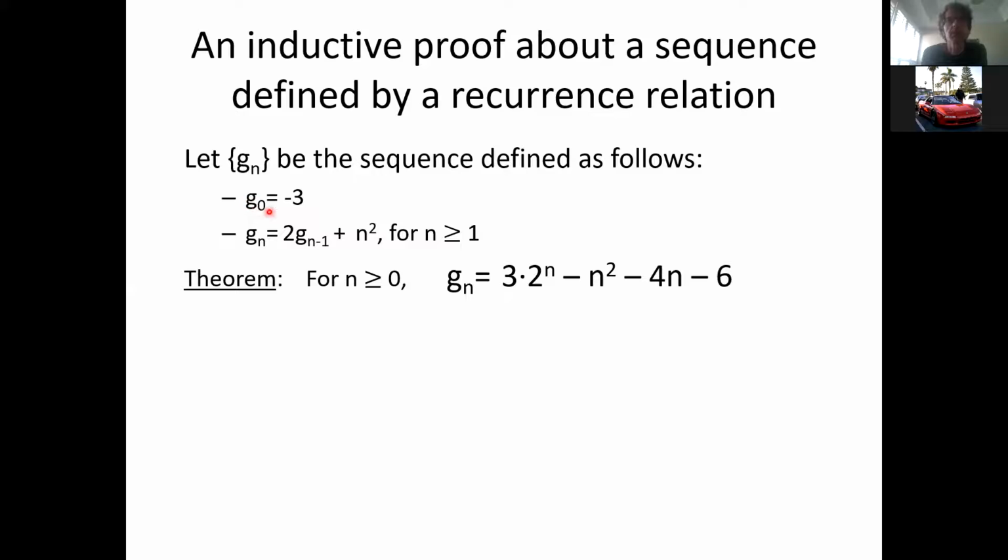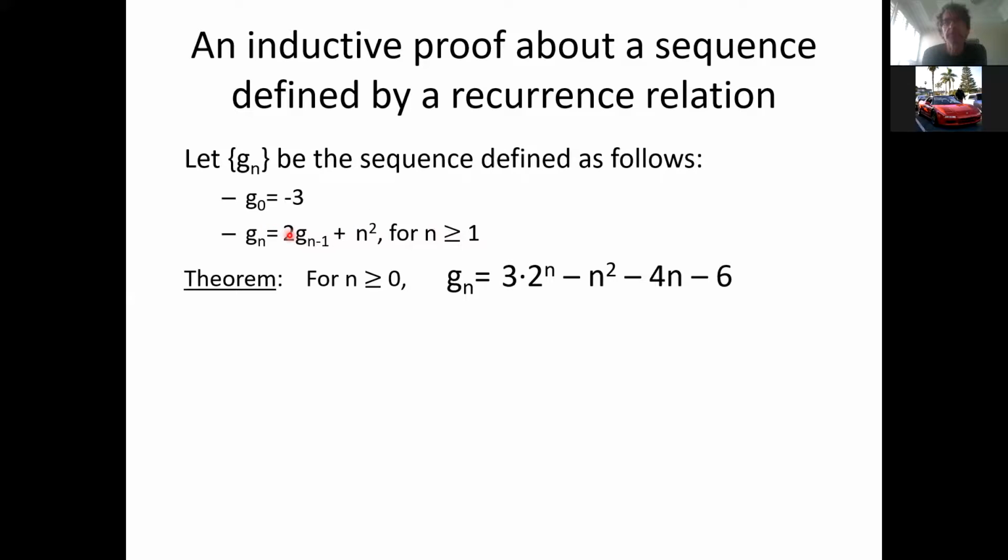Well, G0 is defined. Let's see if G1 is. G1 is defined in terms of G0, which is defined, plus some arithmetic expression. Yes, and so G2 will be defined as 2 times G1, which is defined in the previous step, plus some arithmetic expression. So this works.